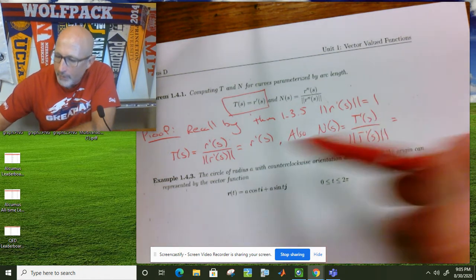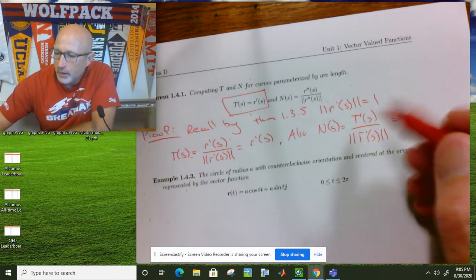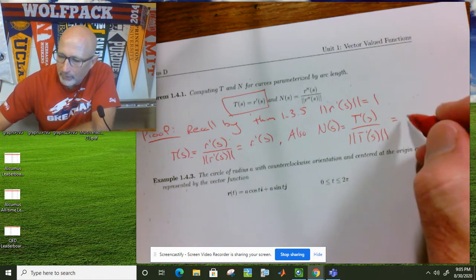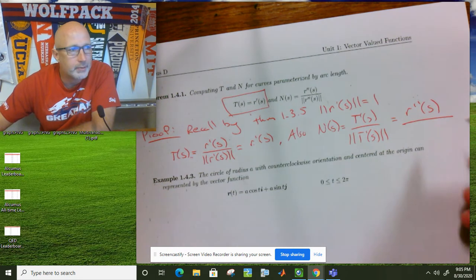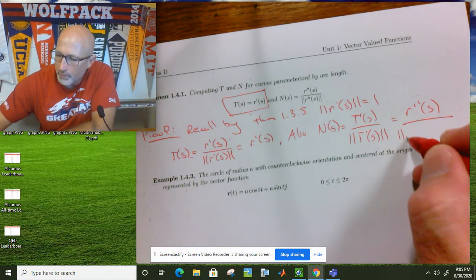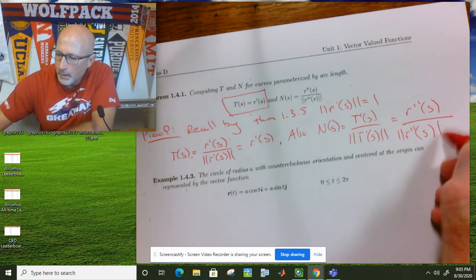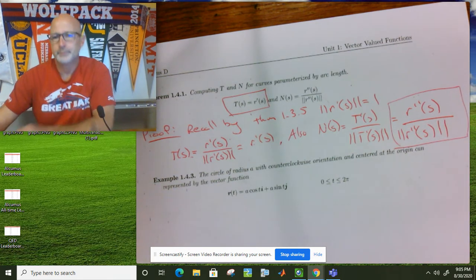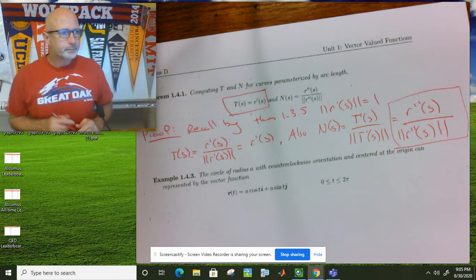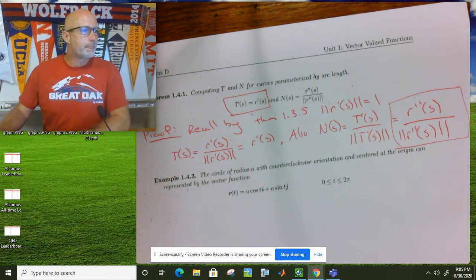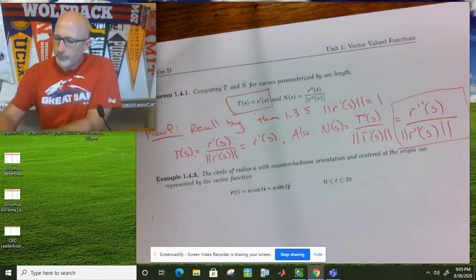But T of s is equal to r prime of s, so therefore T prime of s is equal to r double prime of s. And the same thing can be said for over here, so this is over the magnitude of r double prime of s. And there's that second portion. Okay, so the next one.